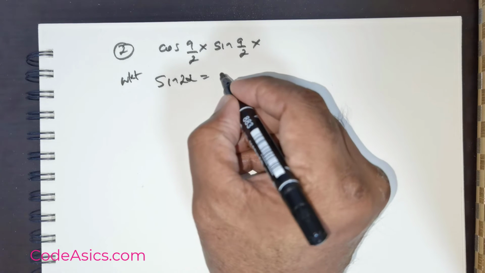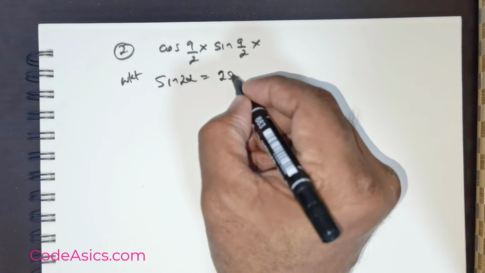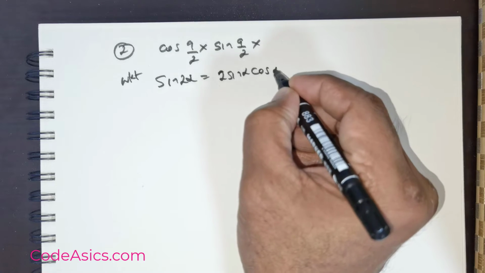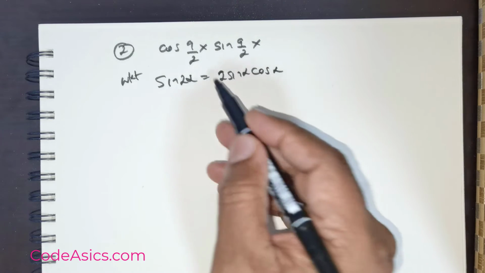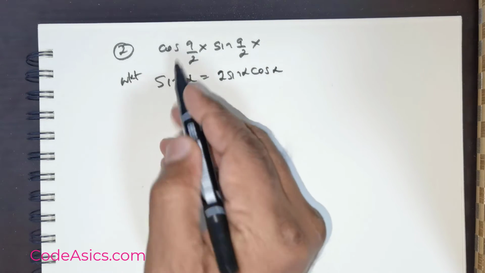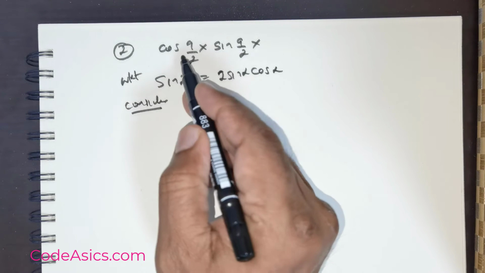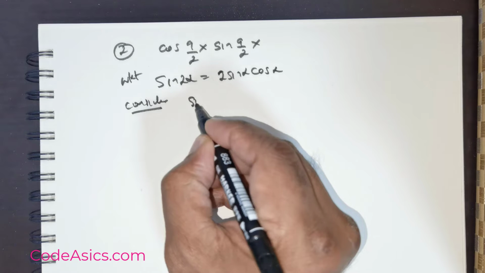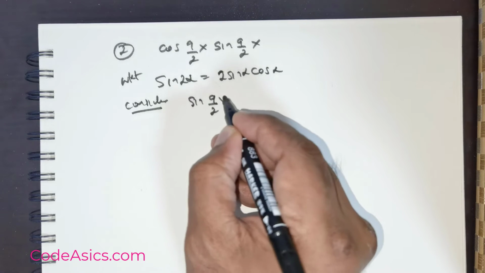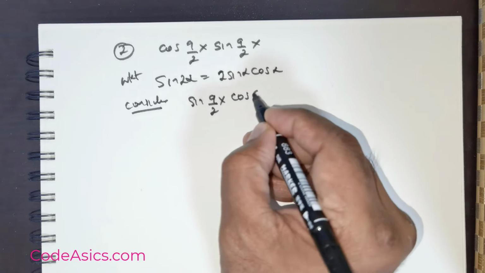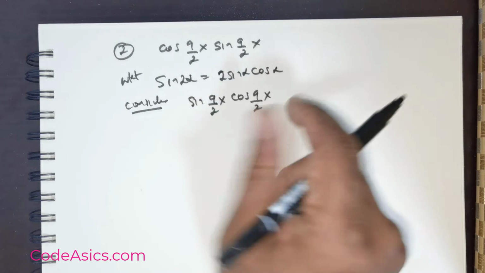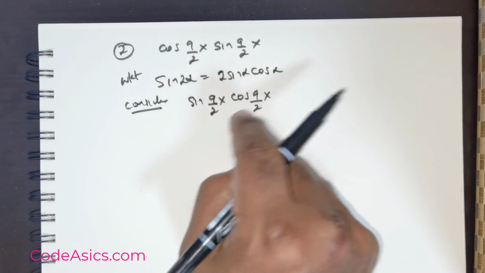We know that sine 2 alpha is equal to 2 times sine alpha times cos alpha. Now consider this quantity; I'm going to write it as sine 9 over 2 times x times cos 9 over 2 times x, since AB is equal to BA.